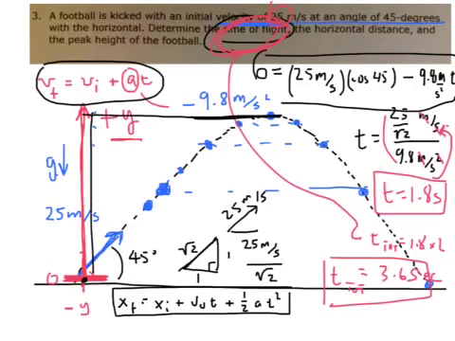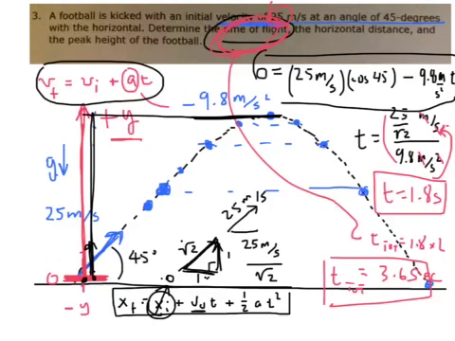from here to here, this height is equal to the initial vertical displacement, which is 0 in this case, so that goes to 0, plus the vertical velocity. In our case, we know it's 25 meters divided by the square root of 2, so we know we've got 25 meters per second in this direction, and we divide it by the square root of 2 to get to this component here.